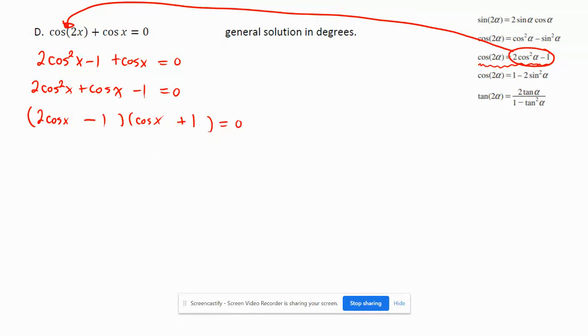So we have 2 cos minus 1 times cosine plus 1, and that means that 2 cos x minus 1 equals 0, or cos x plus 1 equals 0. This is going to tell us that cos x equals 1 over 2, and that cos x equals negative 1.